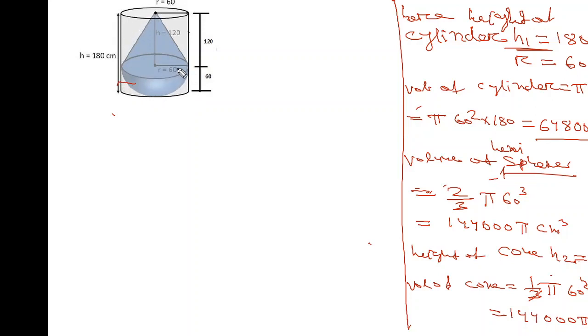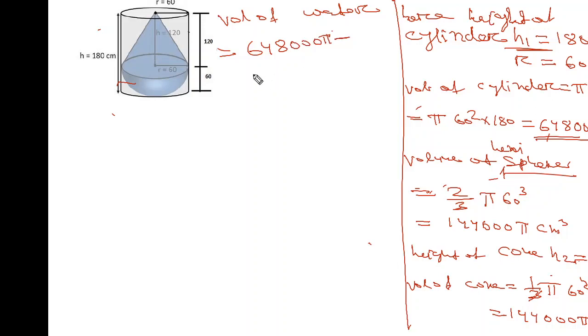We need to find the volume of the water inside it. So volume of water will be equal to volume of the cylinder minus volume of the total these two solids. So volume of the cylinder is equal to 648,000 pi minus sum of the volume of these two, cone and hemisphere.